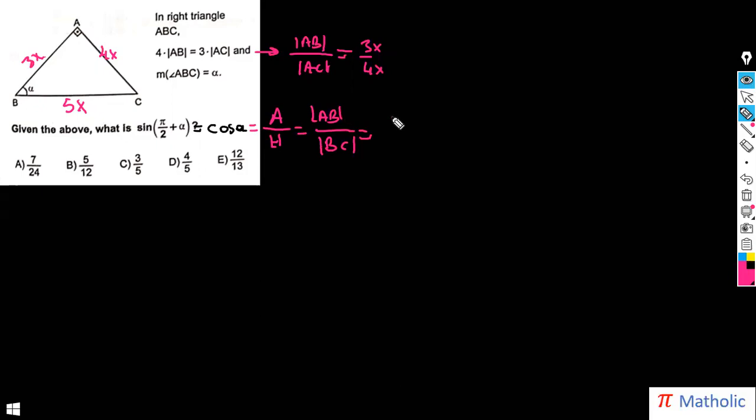So AB is 3x and BC is 5x. If you cancel out x and x, answer will be 3 over 5. So as you can see, it is not that hard. Okay, let's solve another question.